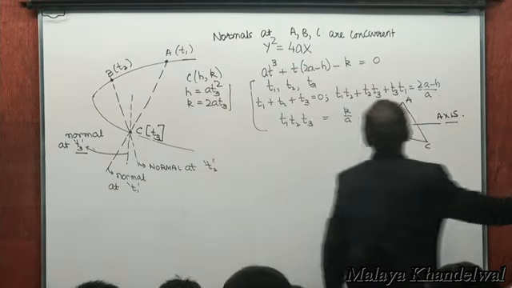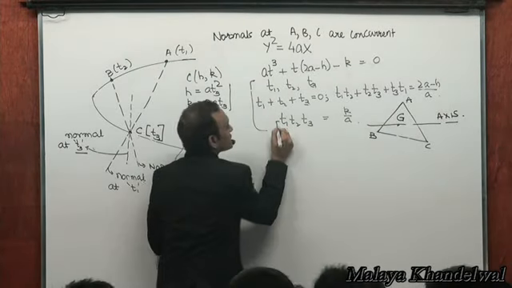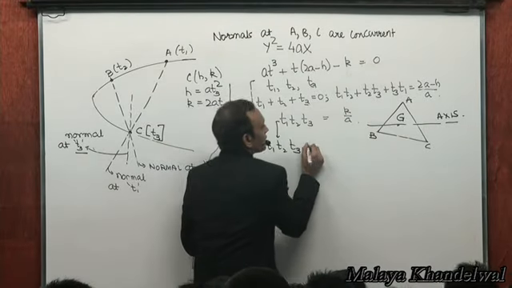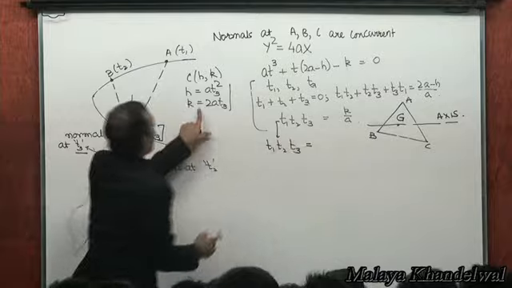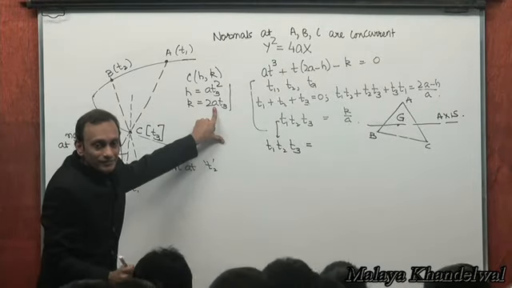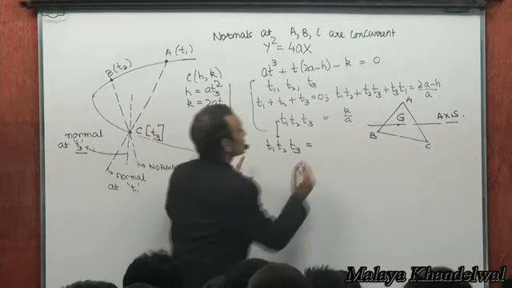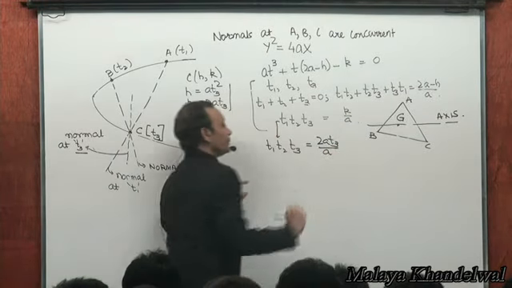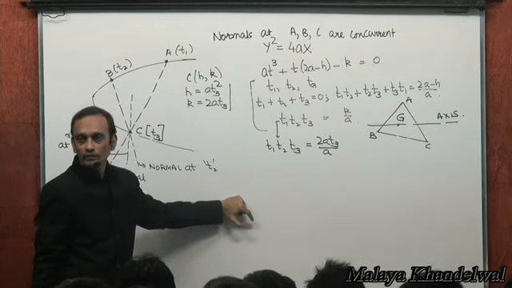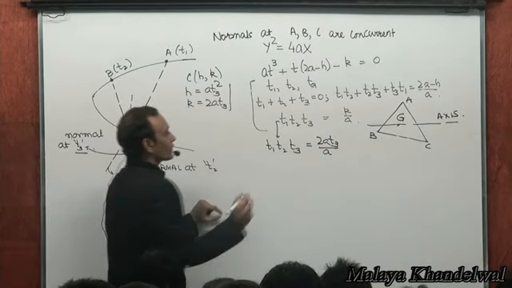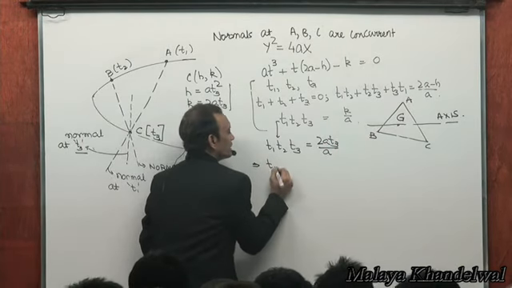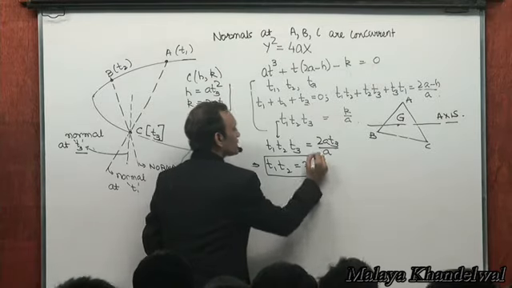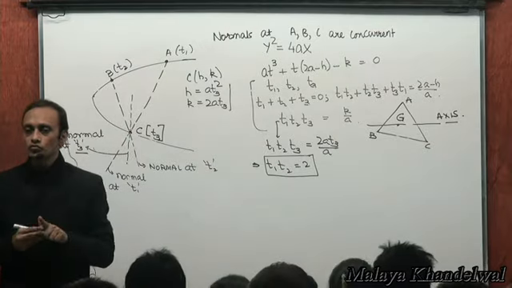Which means, look at this last equation. T1 T2 T3 is K. K is 2at3 for such ABs, which gives us T1 T2 equal to 2.